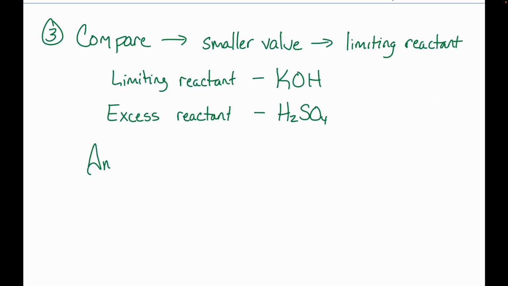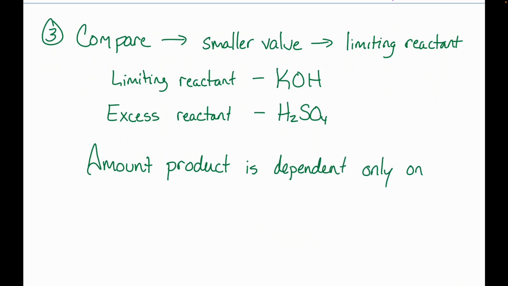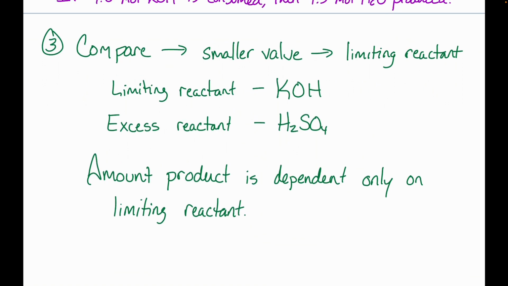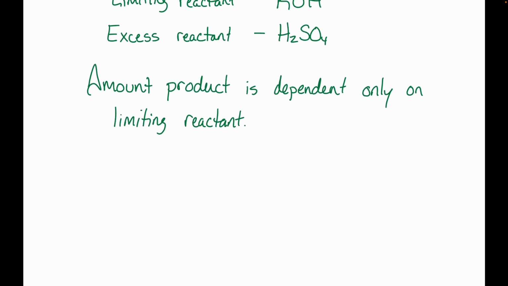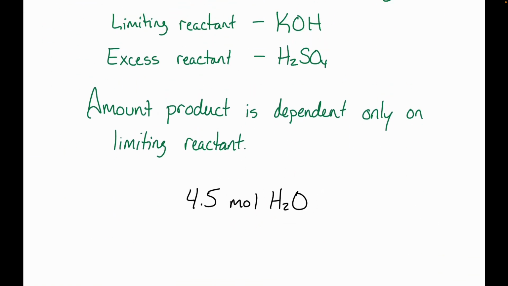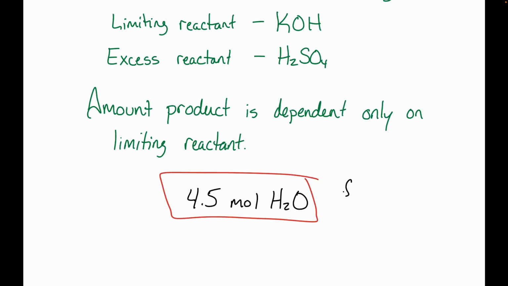So what we can say is the amount of product, which in this case was water, is dependent only on your limiting reactant. So in this case, my amount of water that's produced is that 4.5 moles that I get from my limiting reactant.